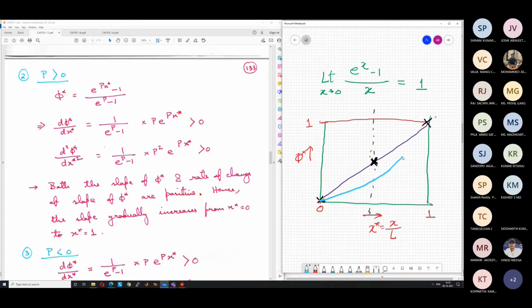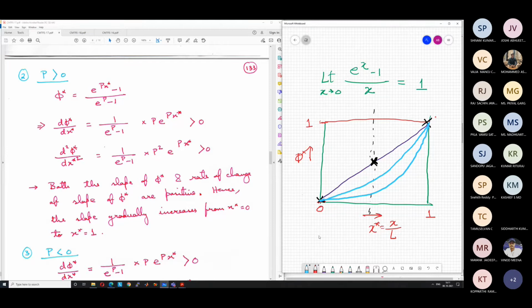So if you consider the light blue color line, you will see that there is a certain positive slope here. Always the slope is positive anywhere, and the slope is increasing. Similarly, like this.